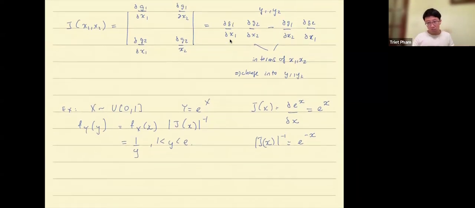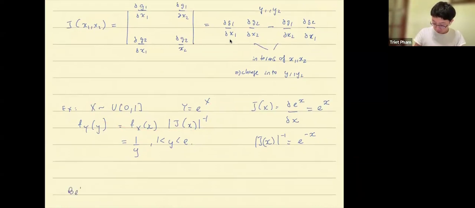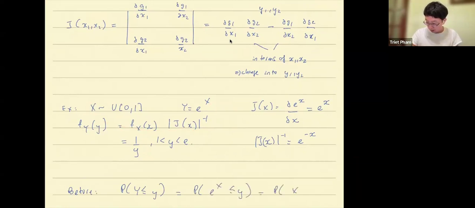Well, let's take a look. How would we do this with our approach before? The approach before would work with the CDF, right? The probability that y is less than or equal to y is the probability that e to x is less than or equal to y, which is the probability that x is less than or equal to log y, right?